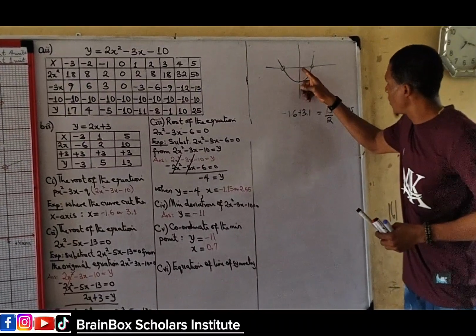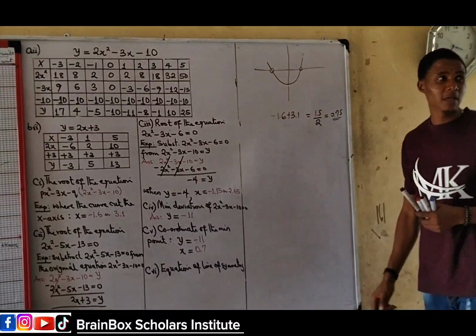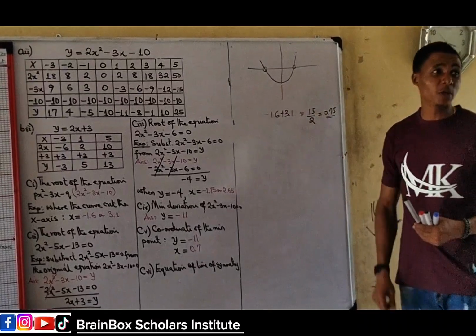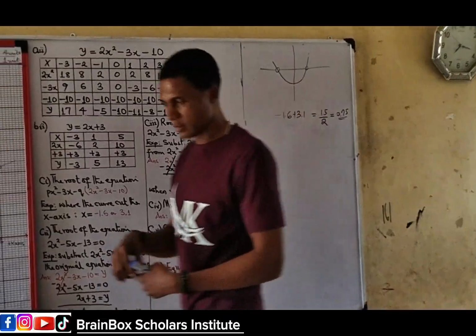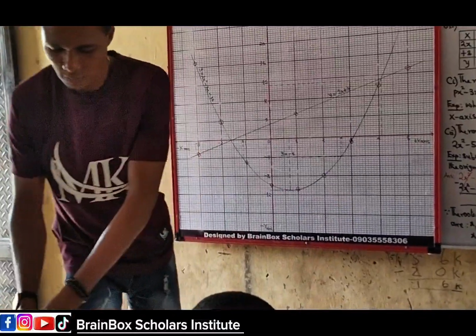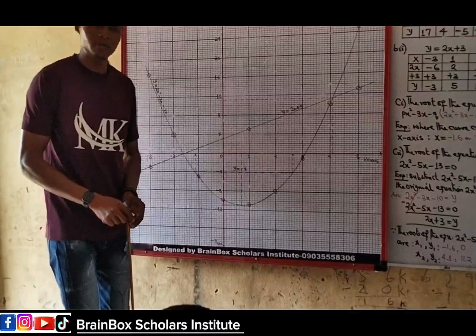What will I do? I will place 0.75 here. From that point, I will draw a straight line. And you notice that when I draw a straight line, it's going to target the sharpest turning point. Pay attention to this.